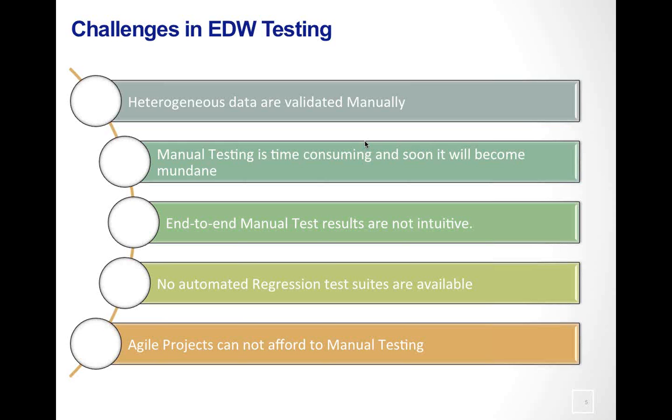Data was heterogeneous, as most of you know, and it was being validated manually. As I called out, manually performing any testing consumes a lot of time, and this hindered our progress in delivering things faster.